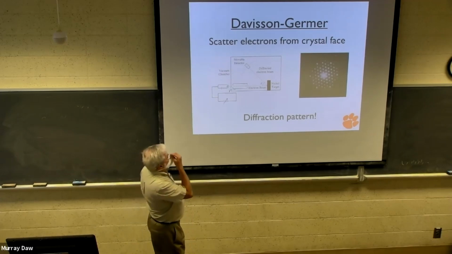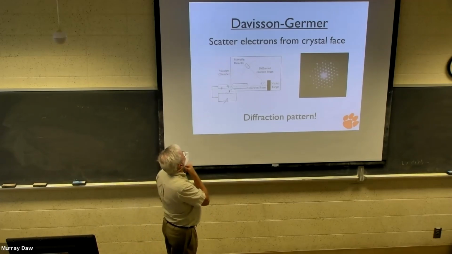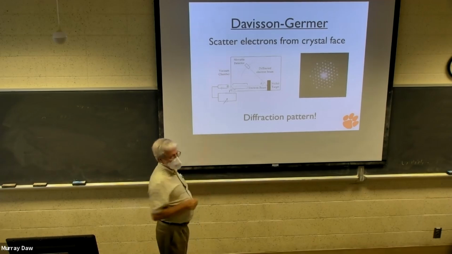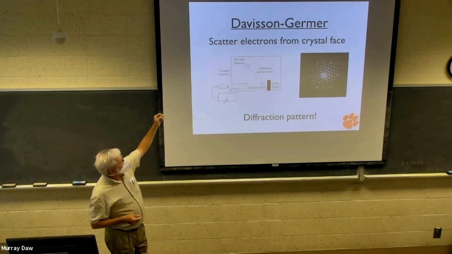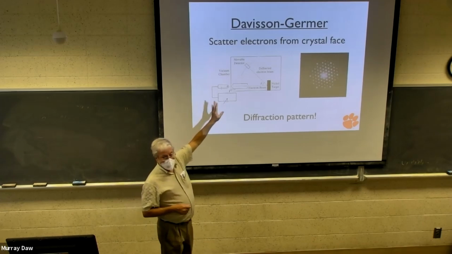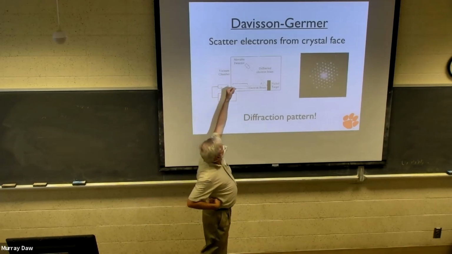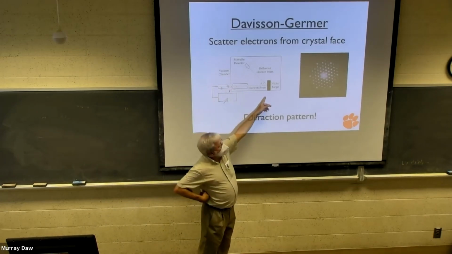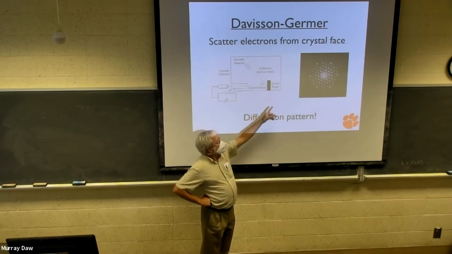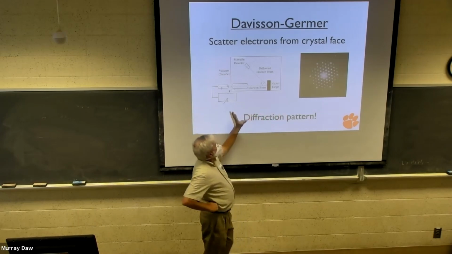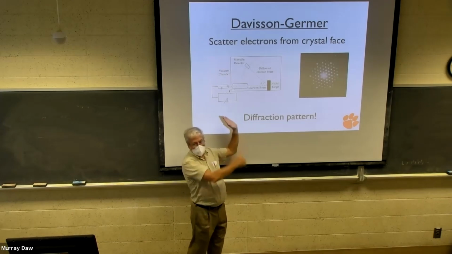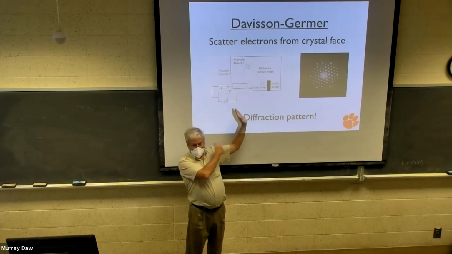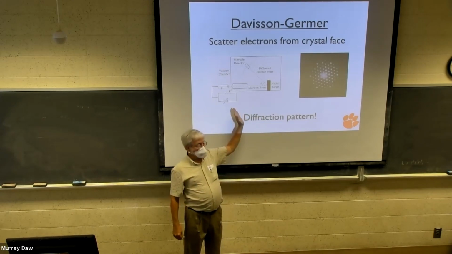Here's another really interesting one. Suppose I have an electron beam, and this has to be done in vacuum. I'm going to scatter the beam off of a nickel piece of metal. I put a screen over here, and let the electrons strike the screen after they bounced off the nickel.